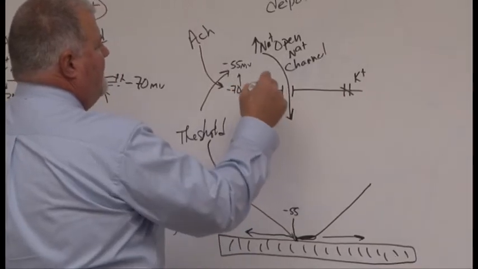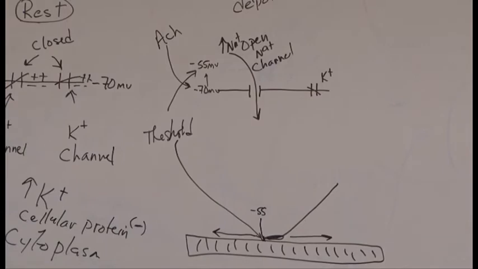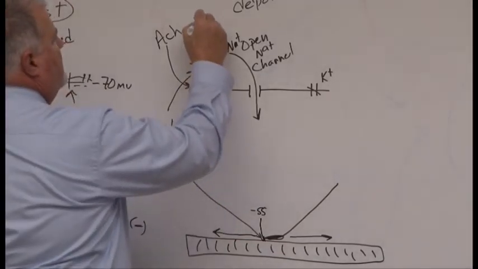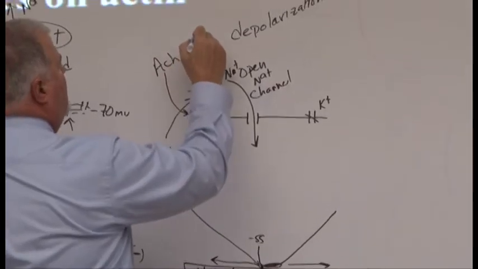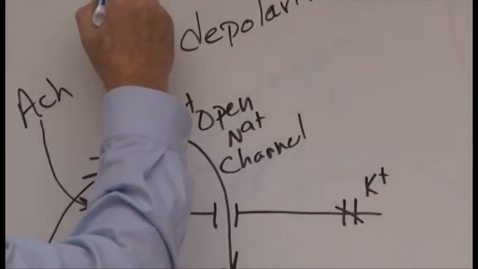Because sodium is going to rush in, we're going to continue to move our membrane away from the minus 70. And we're going to move it to 0, where everything's equal across the membrane, and then eventually a little beyond 0 to plus 30 millivolts.